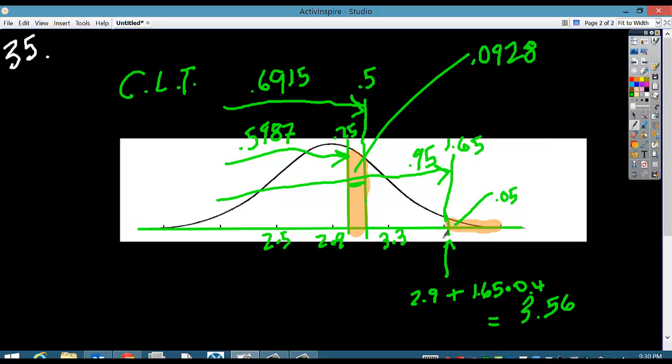So this is 3.56 grams per mile. We have only a 5% chance that the actual carbon monoxide level of the fleet is greater than that.